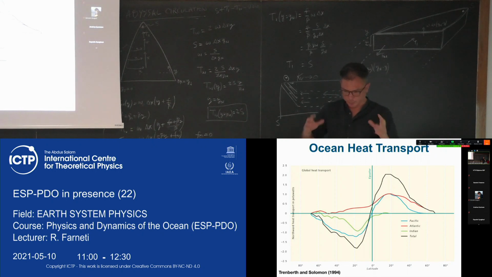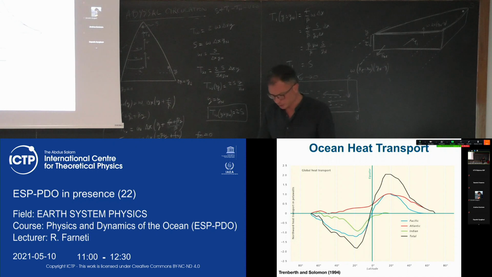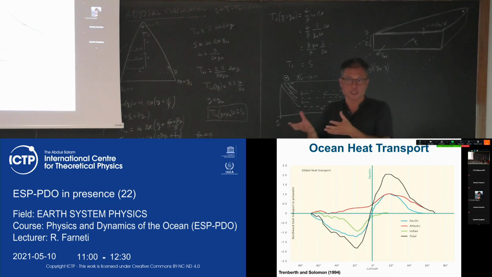You will go into more details on how you can trace water masses with tracers. In the atmosphere you talk about tracers a lot, but also in the ocean. It could be anthropogenic CO2, it could be carbon-14, it could be oxygen. Okay? So how do you trace water masses by these tracers, and how do you diffuse or mix those tracers between water masses?